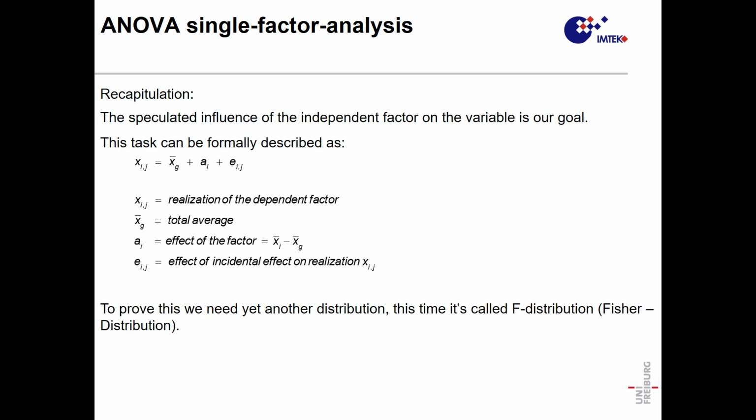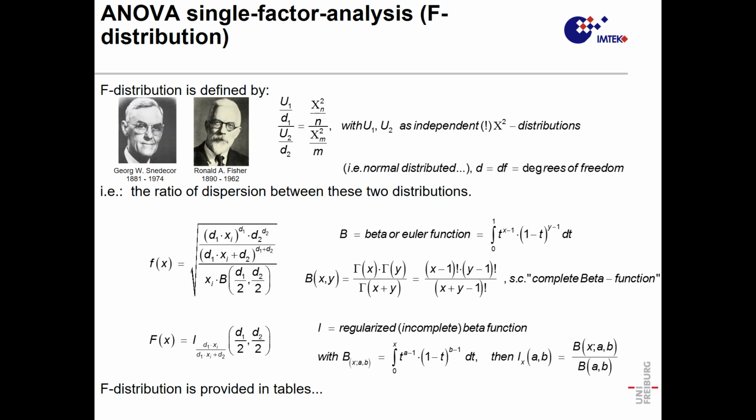And before I go here, this distribution is defined by the F distribution, which was actually developed by Snedecor, but he was a big fan of Fisher, so he called it the Fisher distribution. And that's why we usually call it the F value.